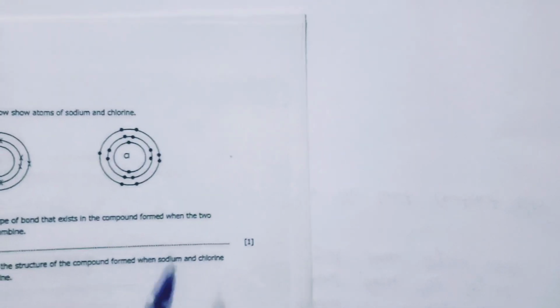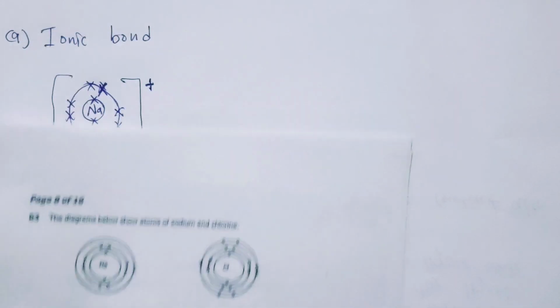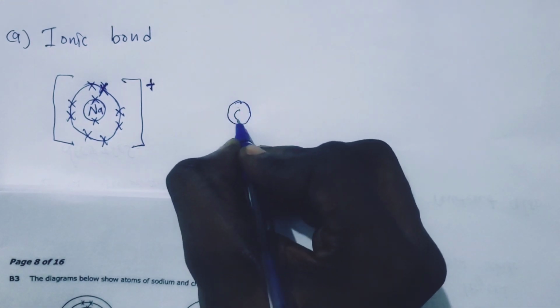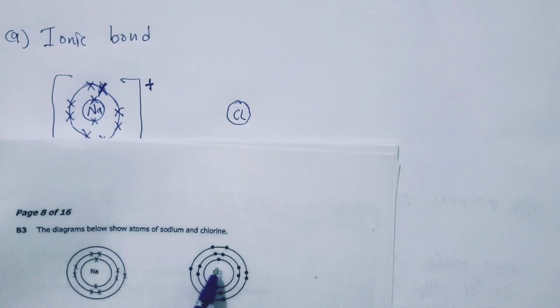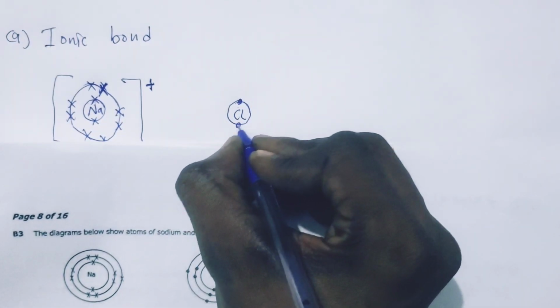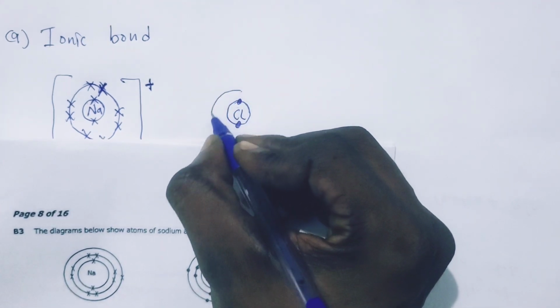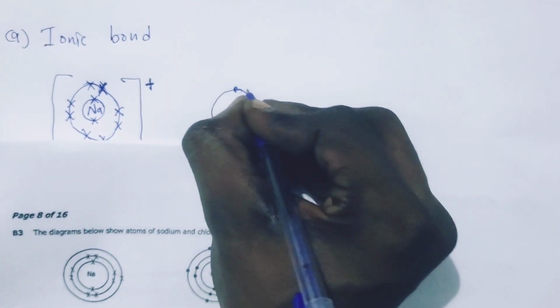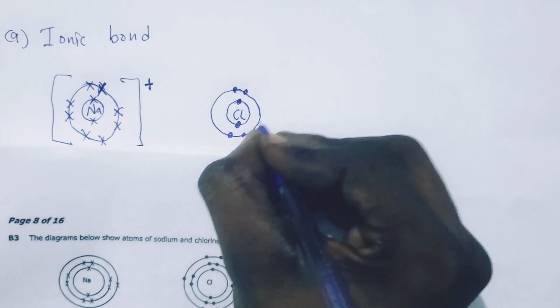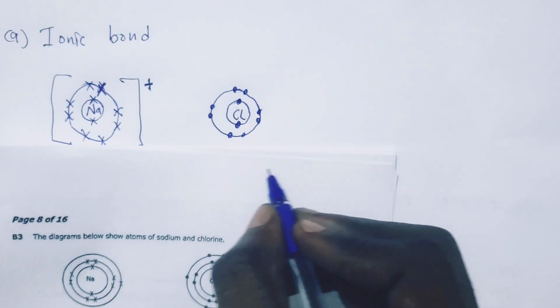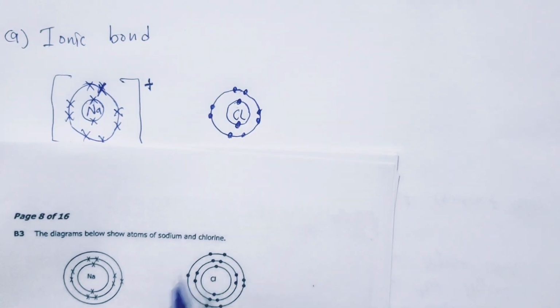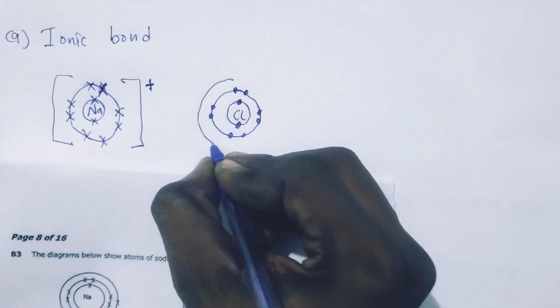Then you also draw this chlorine atom. Again, it's going to be like this, just next to sodium. Now look here, they've used crosses for sodium, and here it's dots, so you also follow the same thing. Then the second shell has 8, according to the law of electronic configuration. Then the outer shell, if you count, it has 7.